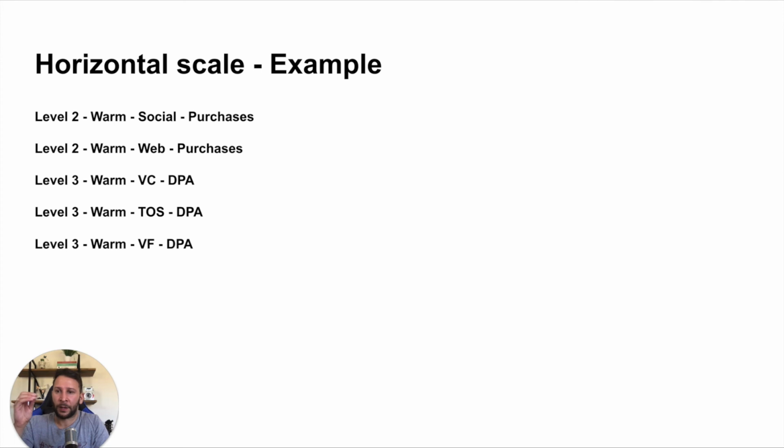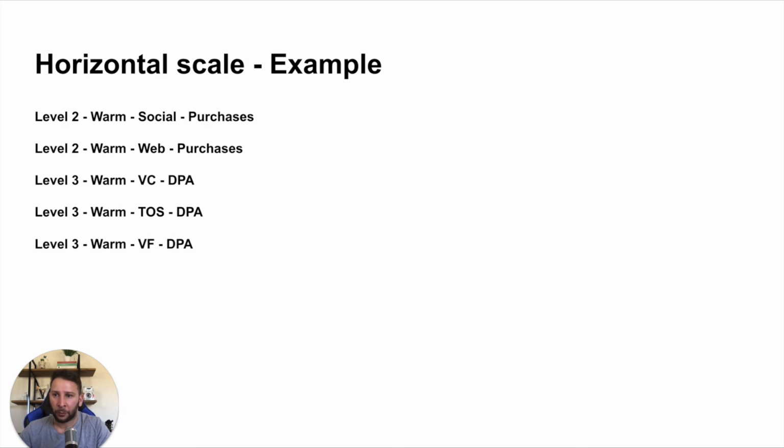one campaign that you have in level 2 for social engagers, and you can have Instagram engagers in one ad set, Facebook engagers in the other, or different periods: engagers in the last 30 days, in the last 14 days, in the last 180 days. You can have video views as another one, as a third level 2 list, as well as a fourth level 2 campaign.